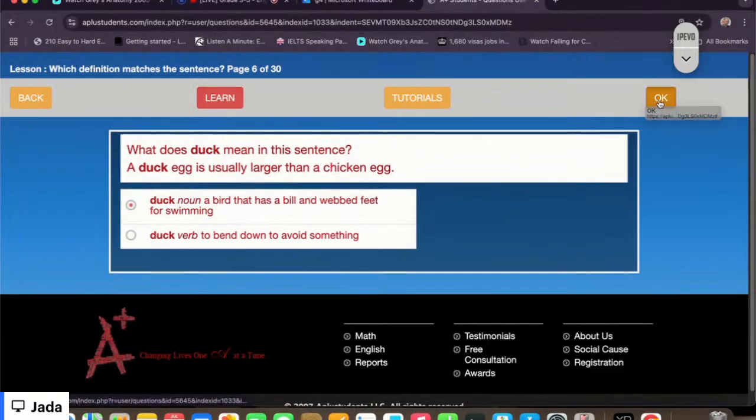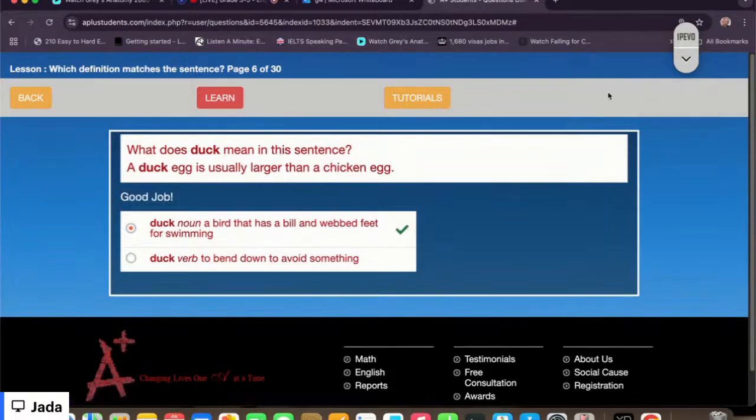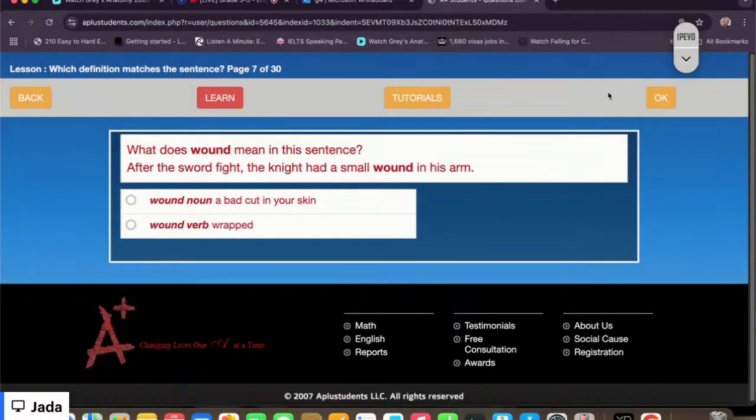So we have duck, a bird. Okay. After the sword fight, the knight had a small wound in his arm. So what does wound mean? Is it a bad cut in your skin, or wrap?